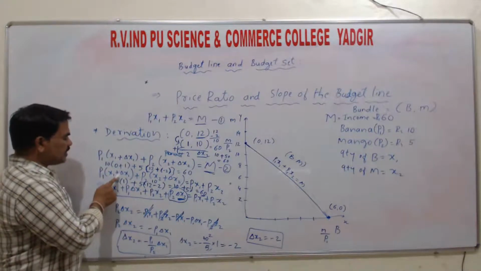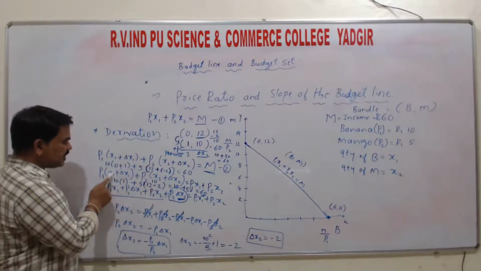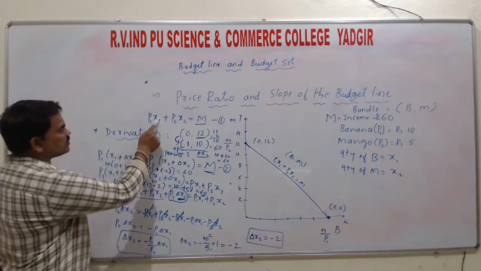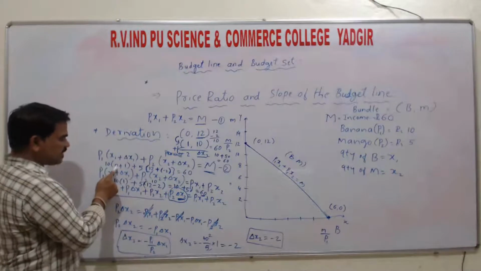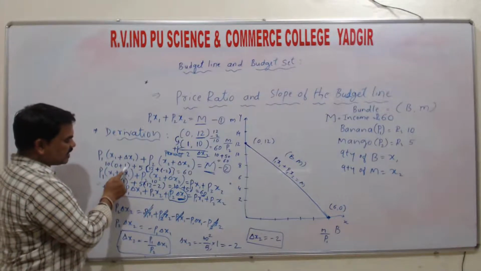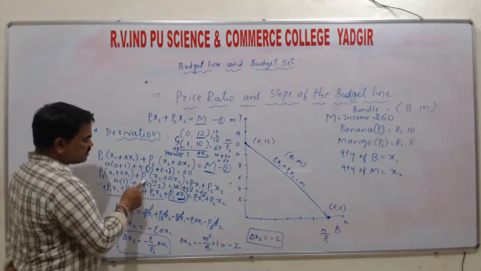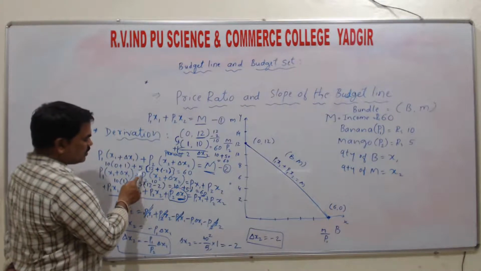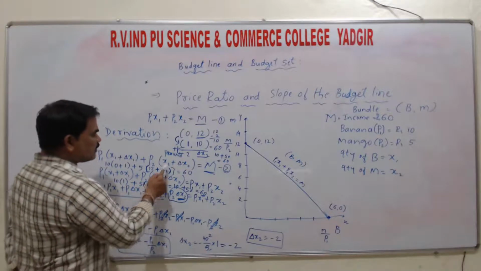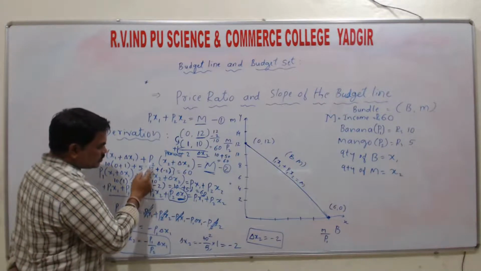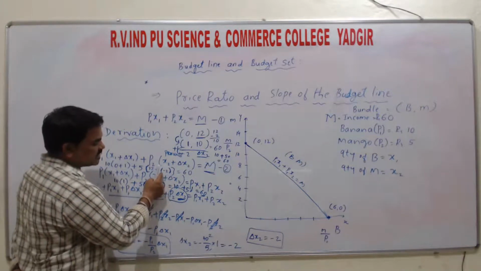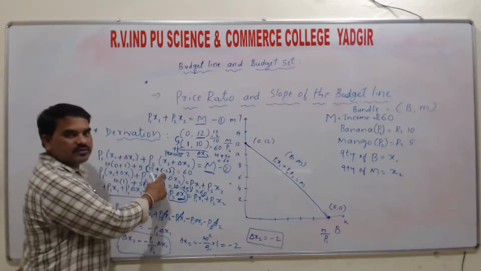That is why we need to keep this x1 the same here. P1 x1 we are keeping the same because we are adding that, we are considering that also: x1 plus the change in the quantity, that is 1 here, plus the price of the second good, P2 times x2. We are taking this x2, 12, and then to that we are adding the change. What is the change in the quantity he is making?